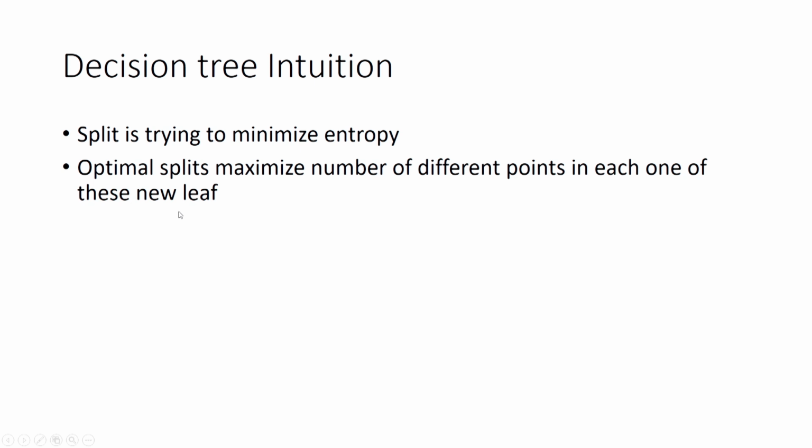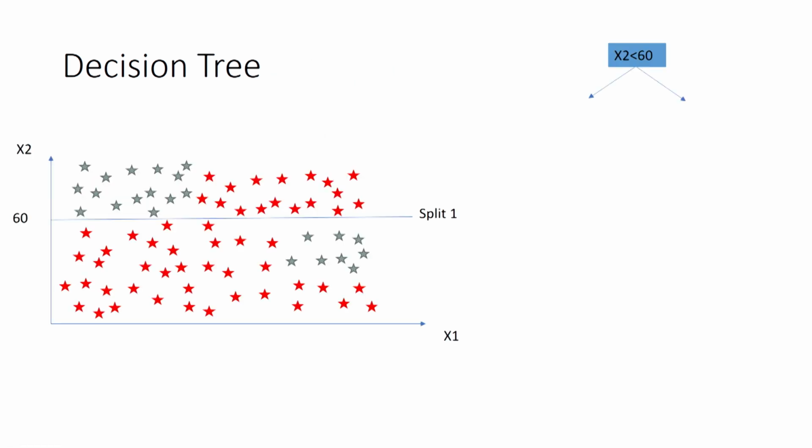In each leaf you have similar data points. Similar data points means their classes are the same, and then you will say that your split is a better split. When we say entropy, definitely it means that in that leaf we have only instances corresponding to one class.